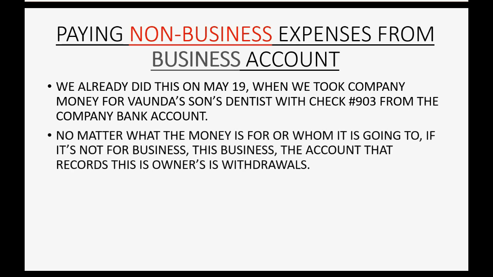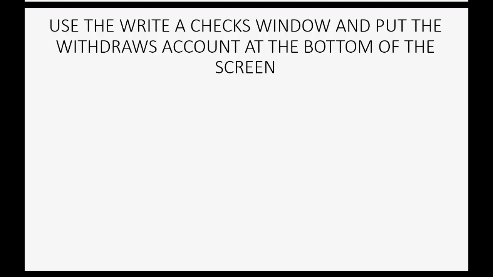And no matter what the money is for or whom it's going to, if it's not for business, and I mean this business, the one that you're keeping records of in QuickBooks Online, then the account that records this transaction is owner's withdrawals.